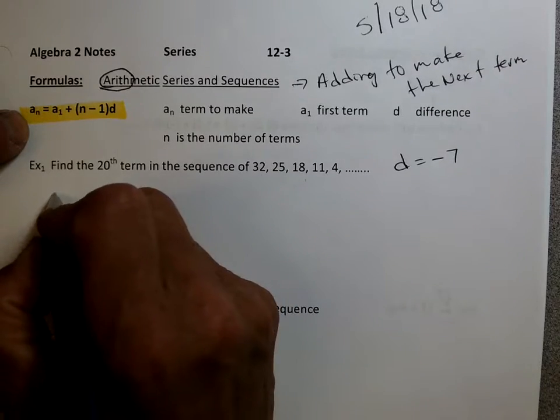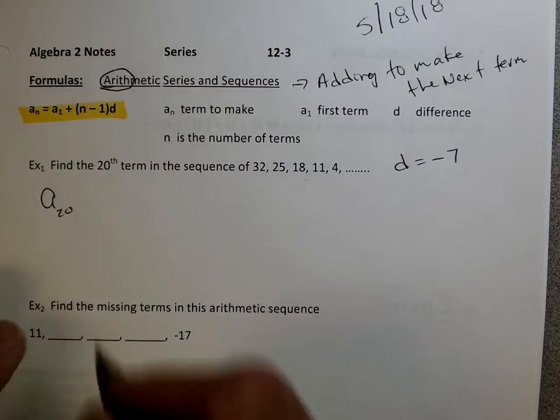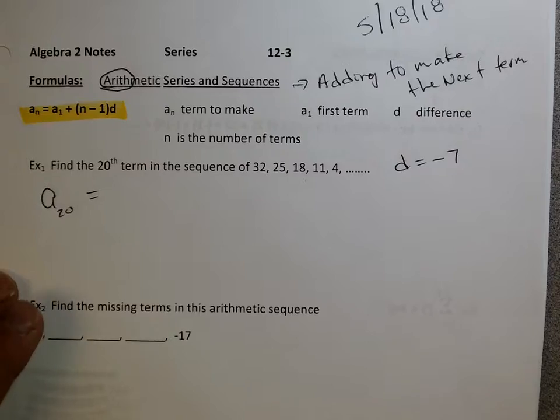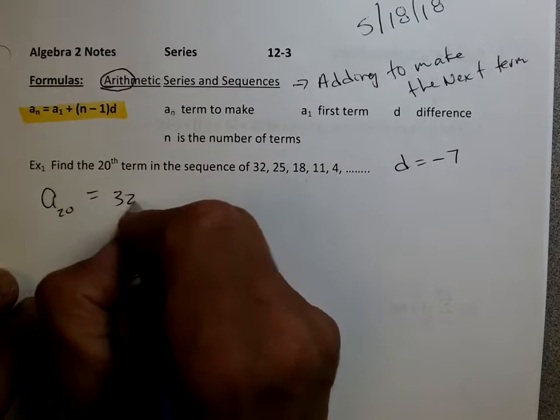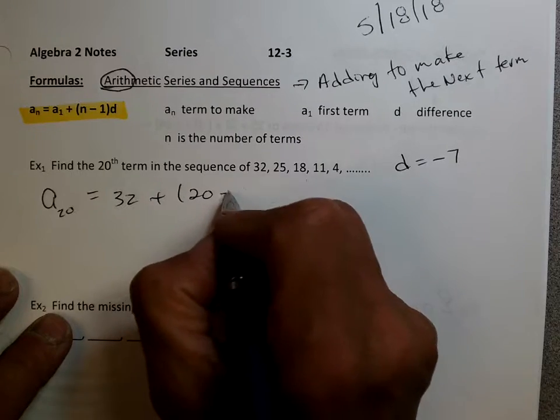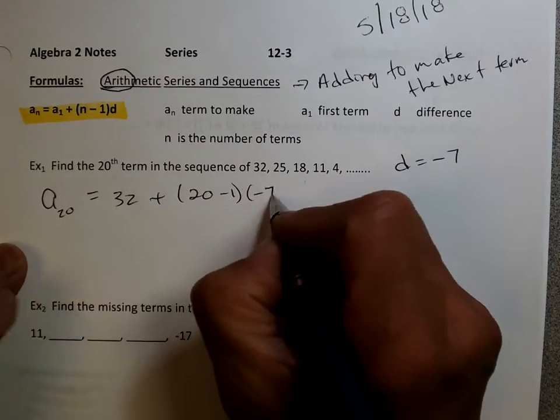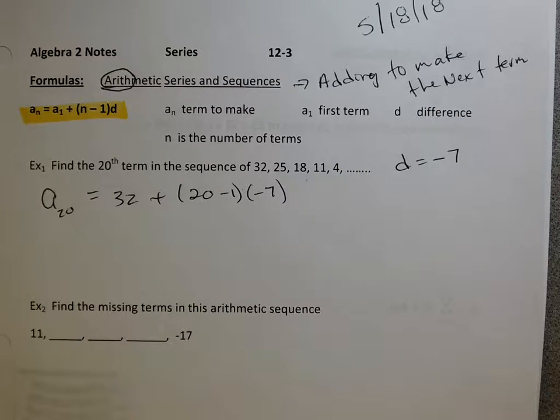I'm going to go A of 20 because I'm looking for the 20th term, is equal to A1, the first term, 32, plus n is 20 minus 1 times D, which is the difference, times -7. It's just that easy. I'm going to grab a calculator, push the buttons, get my answer, right? Everybody agree? Pretty easy?